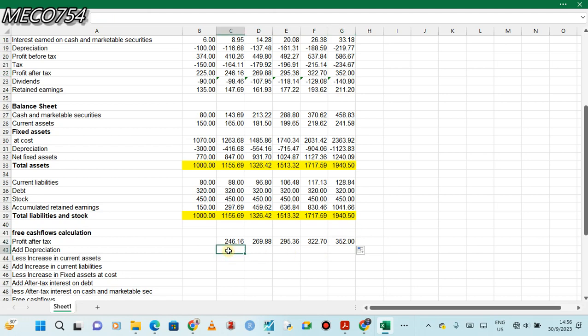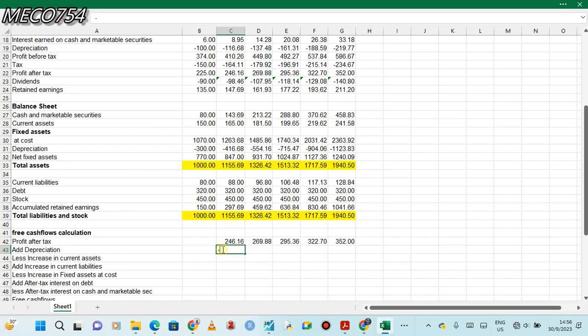Now we need to add back depreciation because it's a non-cash expense. So we need to add it back to our profit. Here we have negative depreciation, so to add it back, just include another negative.